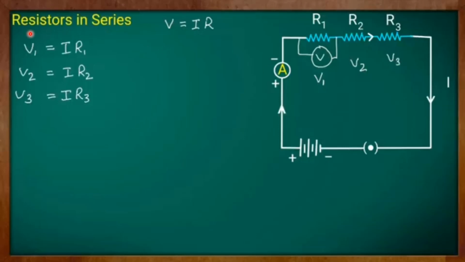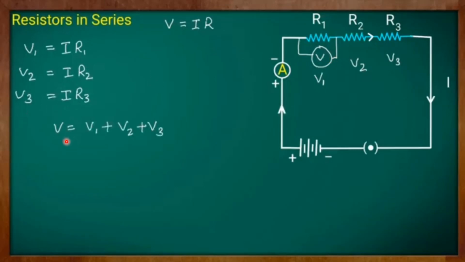So I have a relation here now, children. According to Ohm's law, V1 is equal to IR1, V2 is equal to IR2, V3 is equal to IR3. Now, I need to find out the total voltage across this circuit, the total voltage flowing through these resistors. In order to calculate that, I have to use a relation.